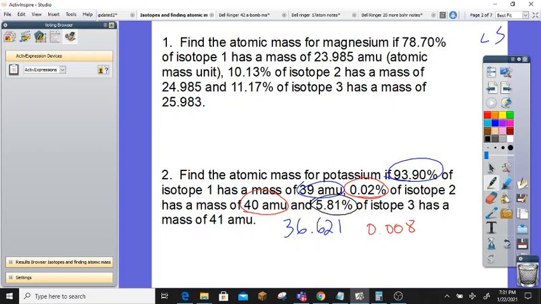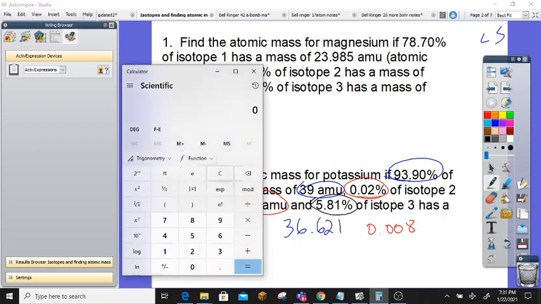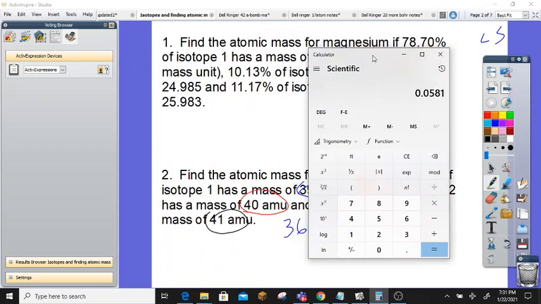And the last one, 5.81. Don't forget to move the decimal twice. The decimal was right there, 5.8, but we moved it 2 times. It's always 2 times to the left. Times 41, 2.3821.